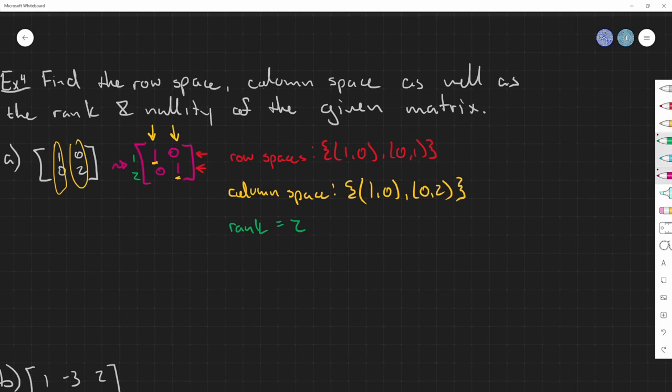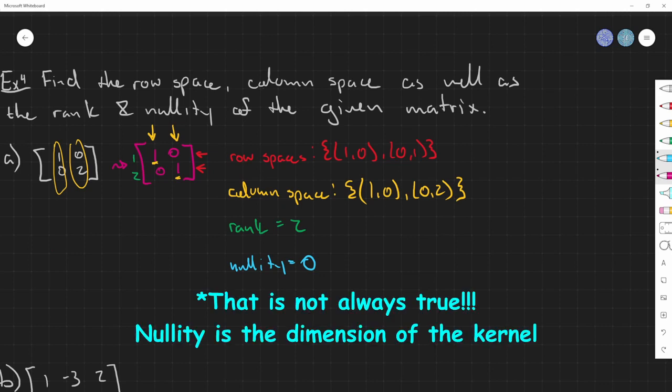And that means that our nullity will be 0. And that is because the nullity is just any row that is 0, and we have 0 rows. So nullity is 0.